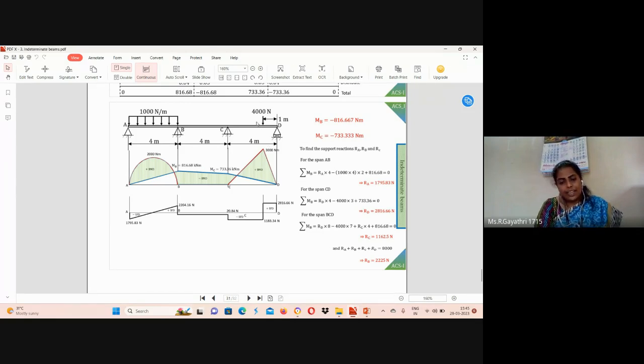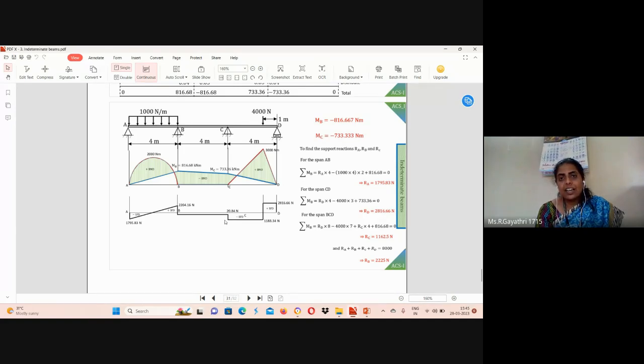So 2816.66 minus 4000 will be minus 1183.33 or 34. Negative value, so downward. We need to move the shear force value in the downward direction. It will be 1183.34 Newton. This value will remain same till section C.